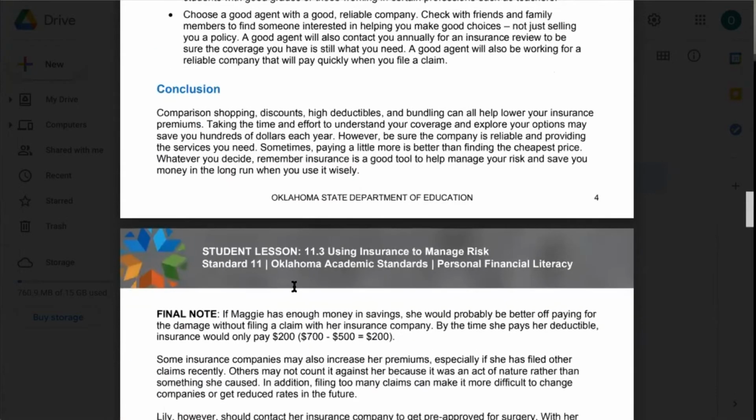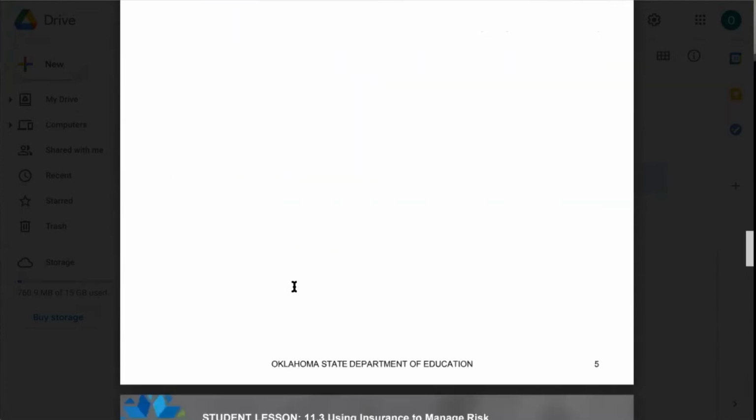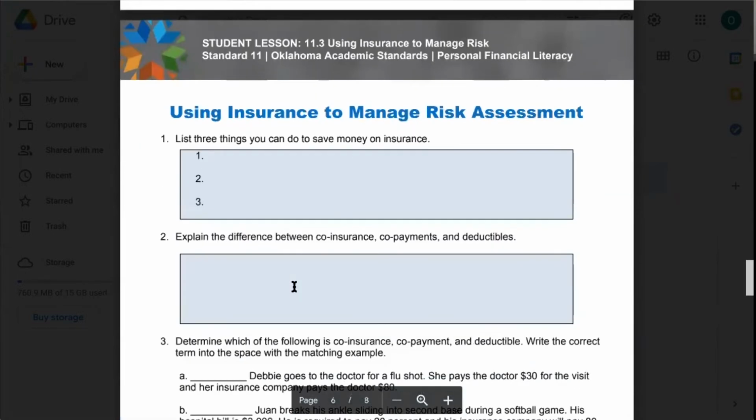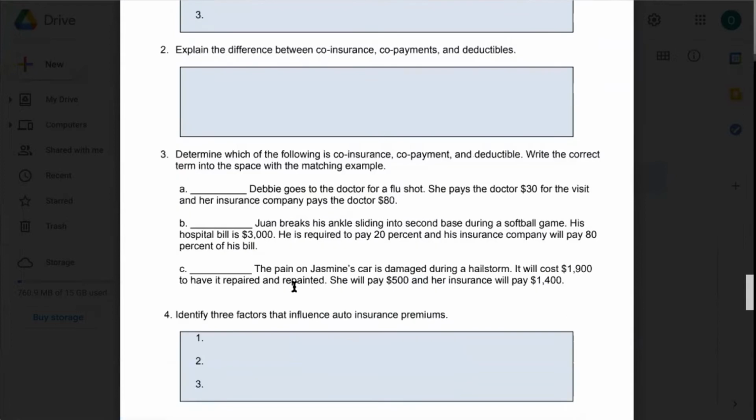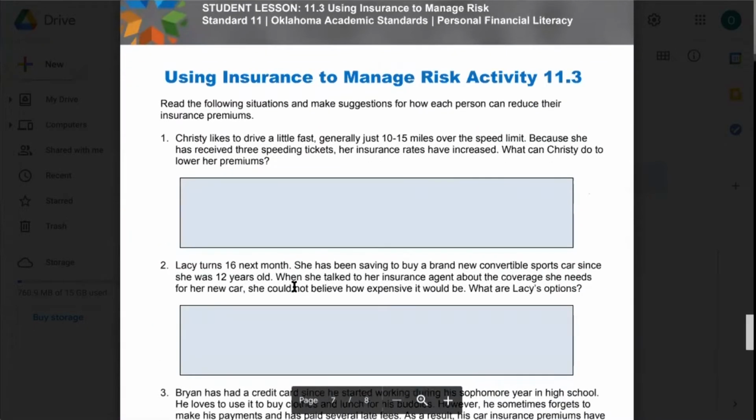Then moving into the conclusion and wrapping it up, comparison shopping, discounts, high deductibles, and bundling can help lower your insurance premiums. So helping students to understand that. Then there's the assessment to go along with 11.3, and then the activity using insurance to manage risks.